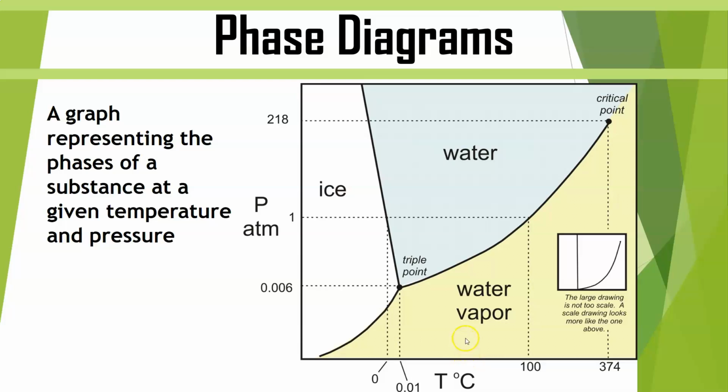But if I increase the pressure, pretty soon they get closer and closer together and it'll actually turn into a liquid, won't it? Let's say I have a liquid and I'm going to cool the temperature down. Pretty soon it freezes and turns into solid, doesn't it?